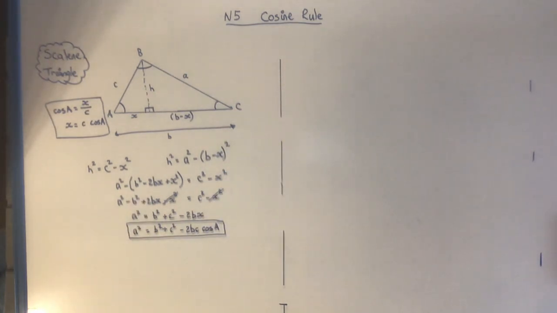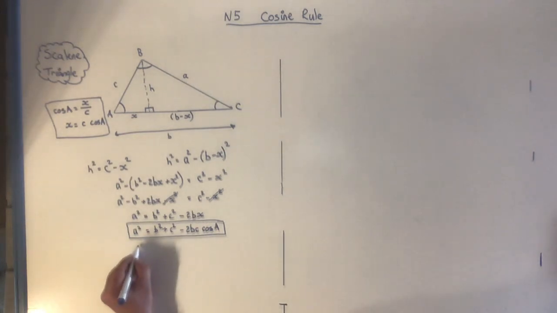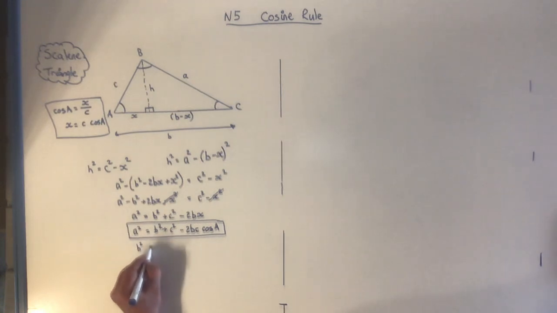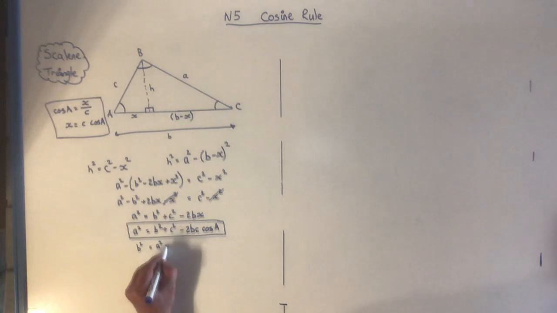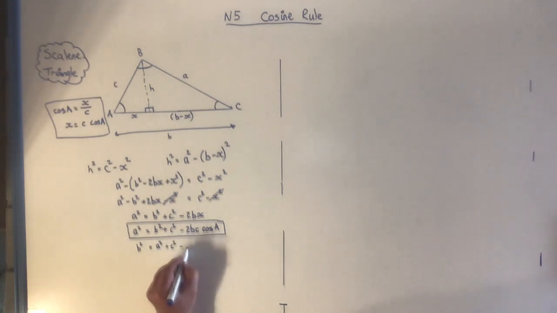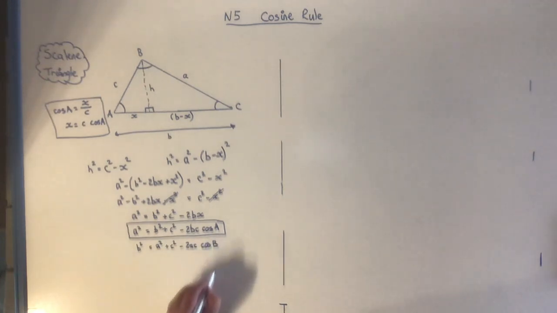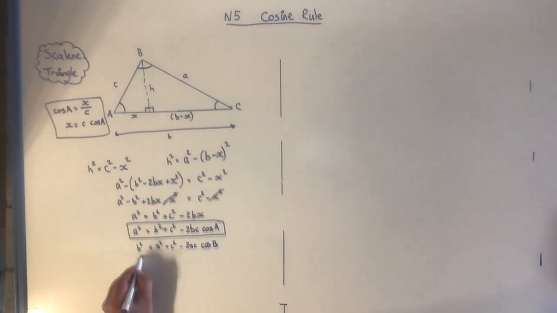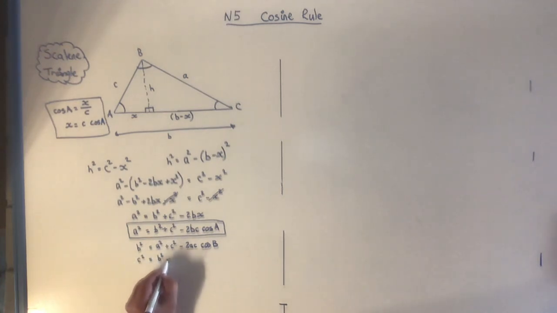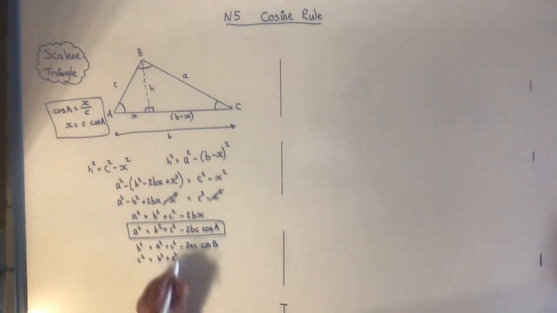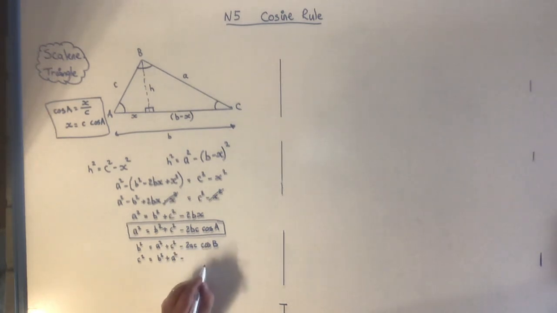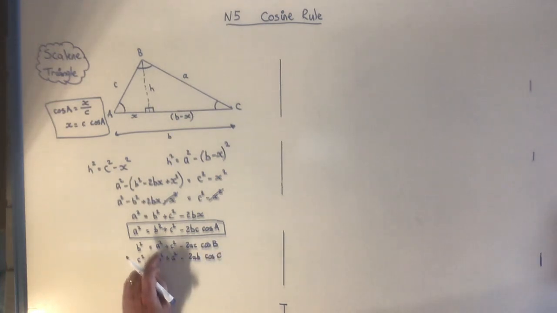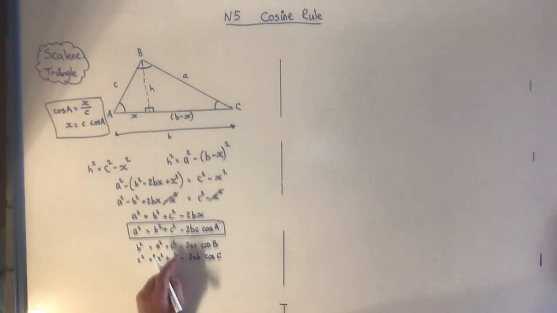Now there are variations on this, just like when you've done the area formula. You can write b squared is equal to a squared plus c squared minus 2ac, and this time it's cos B. And the other version is c squared is equal to a squared plus b squared minus 2ab cos C. Probably better to swap these round actually, in numerical order.